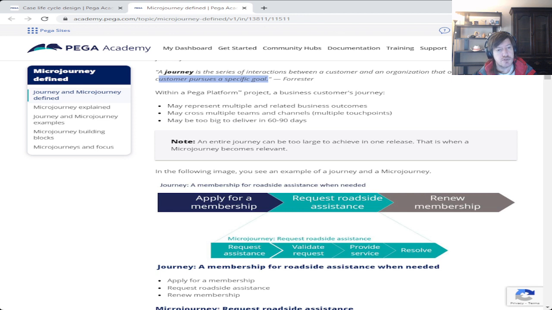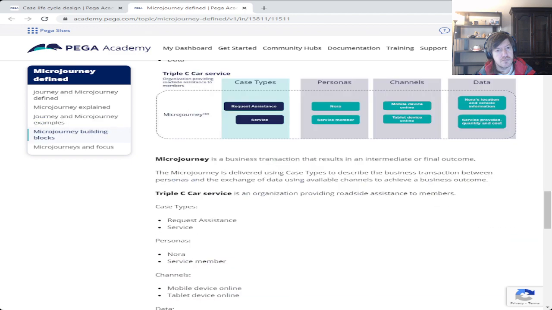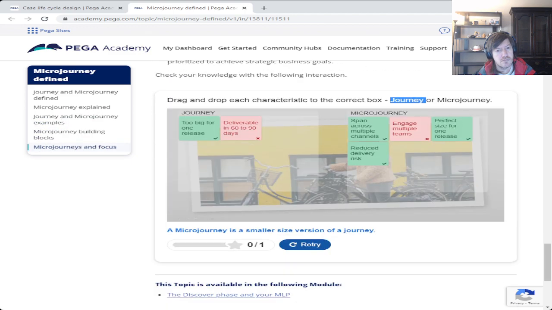Okay, may cross multiple teams and channels. Okay. Wait. Shouldn't this one be over there then? If it's spanning multiple channels, shouldn't that also be in the journey? Oh my gosh.